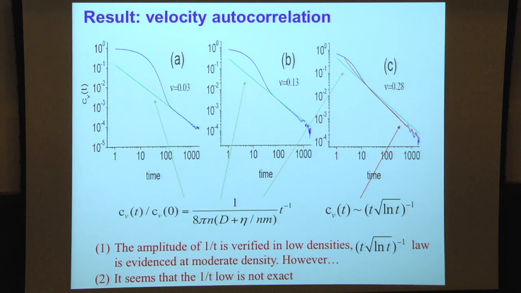D is the diffusion constant of the particle, and zeta is the viscosity coefficient.